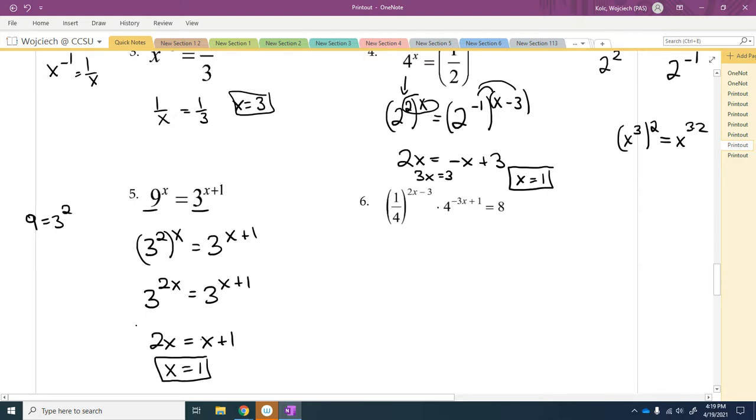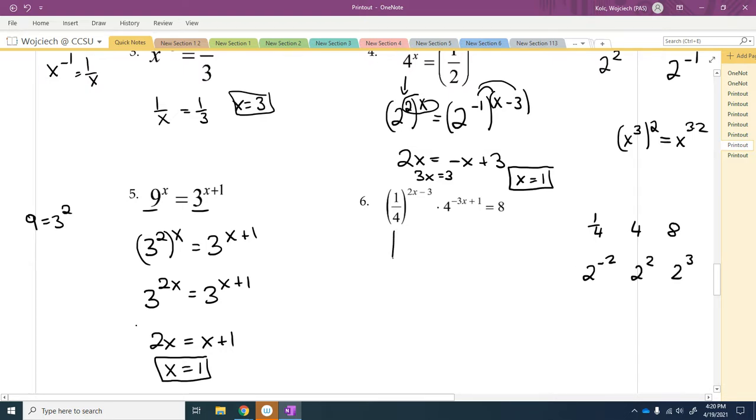Okay, and last example. The hard thing is we have 3 bases, 1/4, 4, and 8. And the question is, how do we get the same base? The easiest thing to do is to rewrite everything as base 2. Okay, so 1/4 is basically 2 to negative second. 4 is 2 squared, and 8 is 2 cubed.